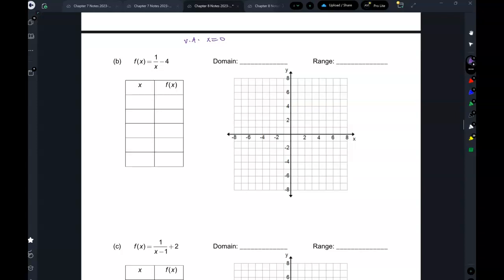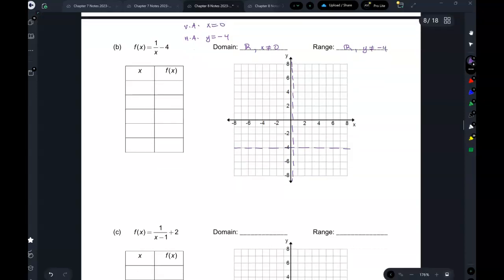But what about the horizontal asymptote? y equals negative 4. Now, what's the domain? All real numbers. x can't be 0. The range is all real numbers. y can't be negative 4.